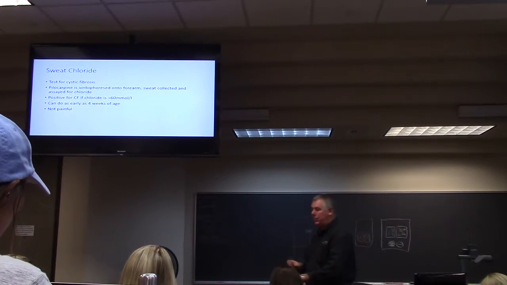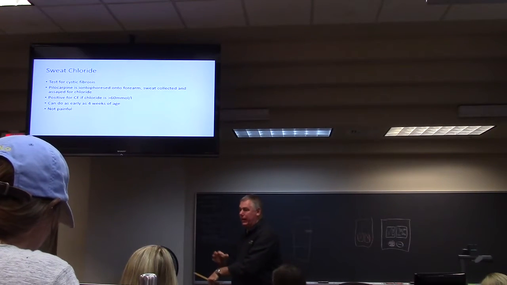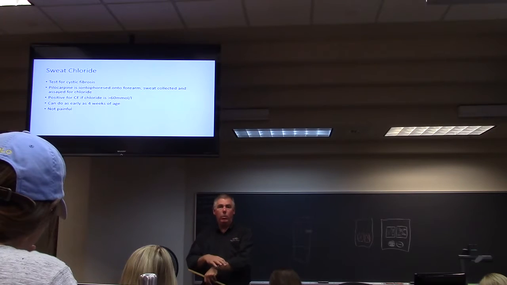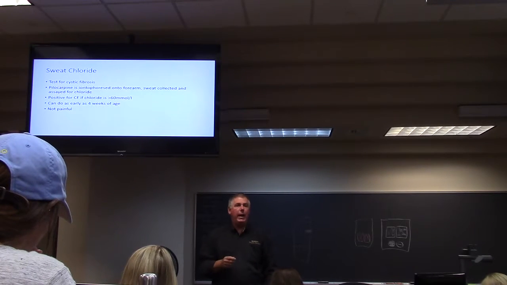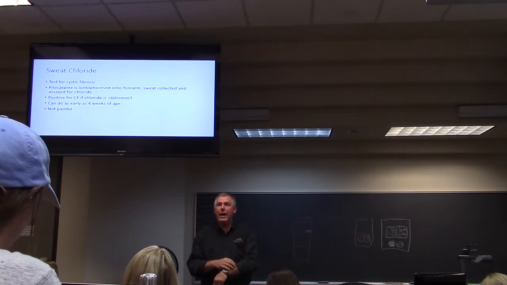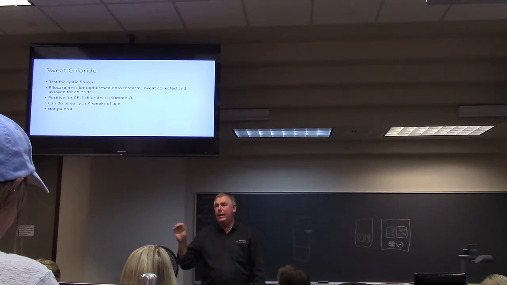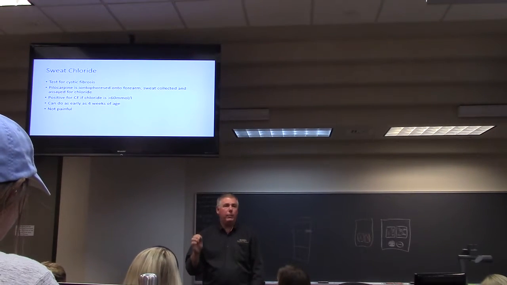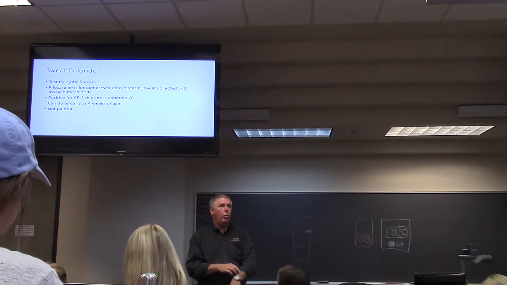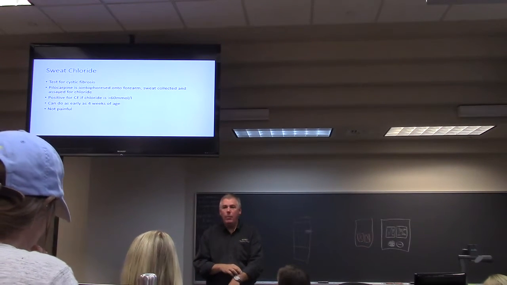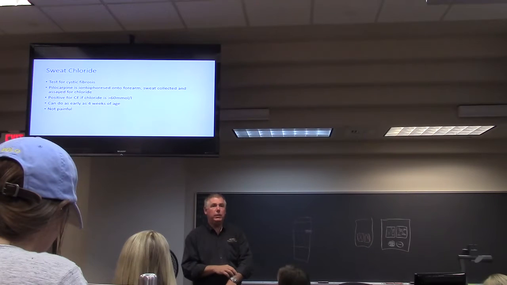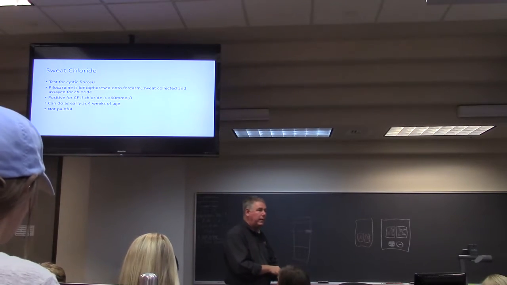So what you do is they put a little patch on the skin, like an inch or so. The patch has a drug in it called pilocarpine, and they attach that to electrodes. It puts a little low current through there. It's not painful, but it causes you to sweat.